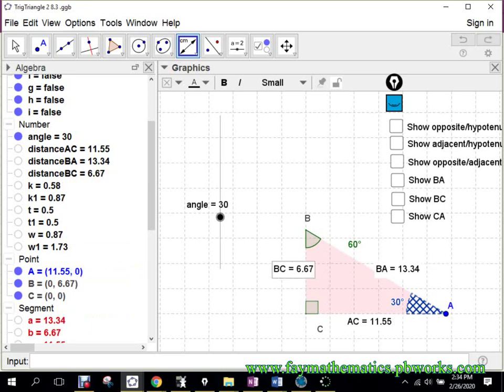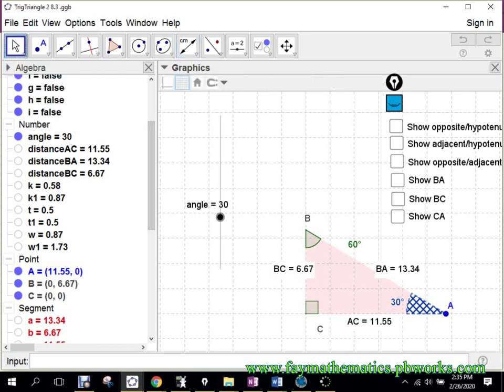So if you're off by a tenth or a hundredth in some of the things we do today, it's because GeoGebra is eliminating rounding error, where in our calculator we involve it.